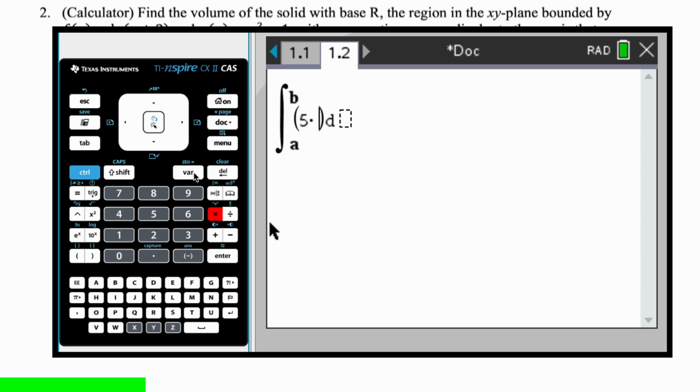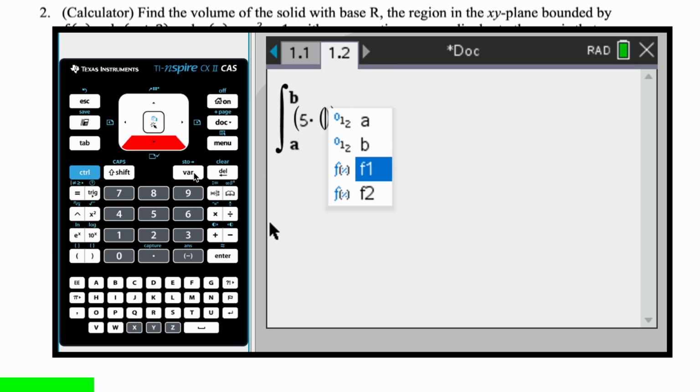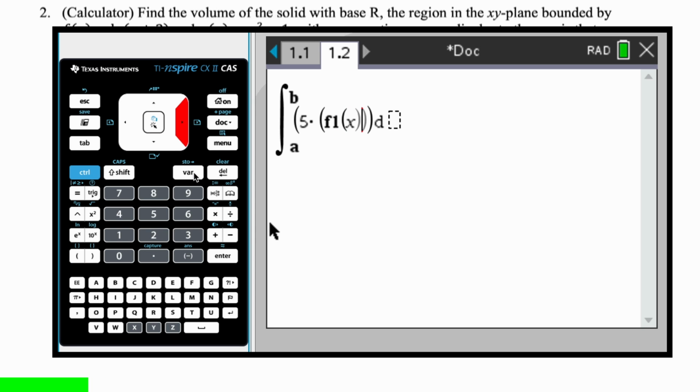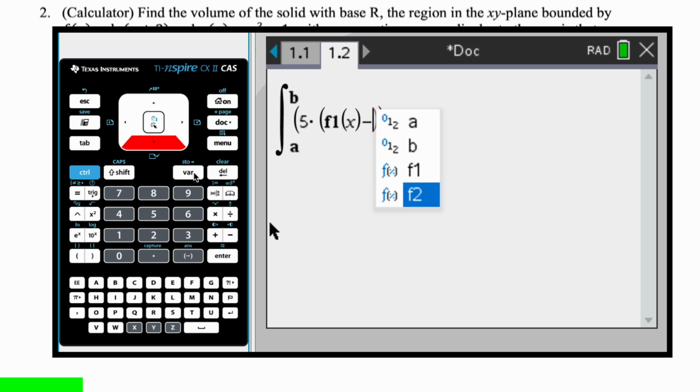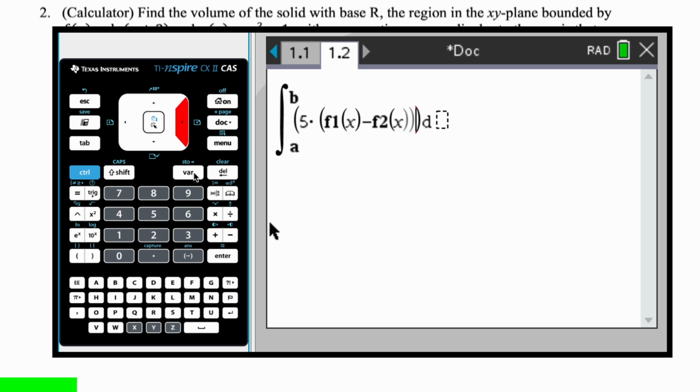The base is going to be top take away bottom, which is F1 minus F2. So I'm going to do parentheses, F1 of x minus F2 of x. So that's the base. And then the height is 5 times that, so I'm going to end up with this.